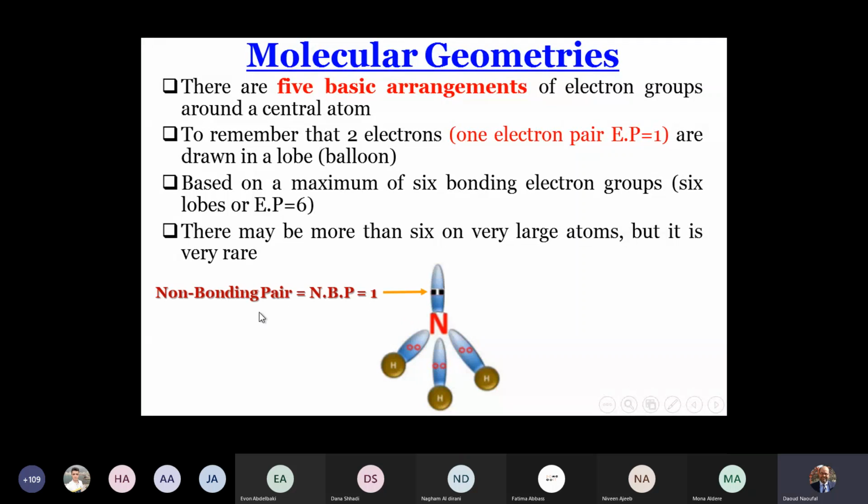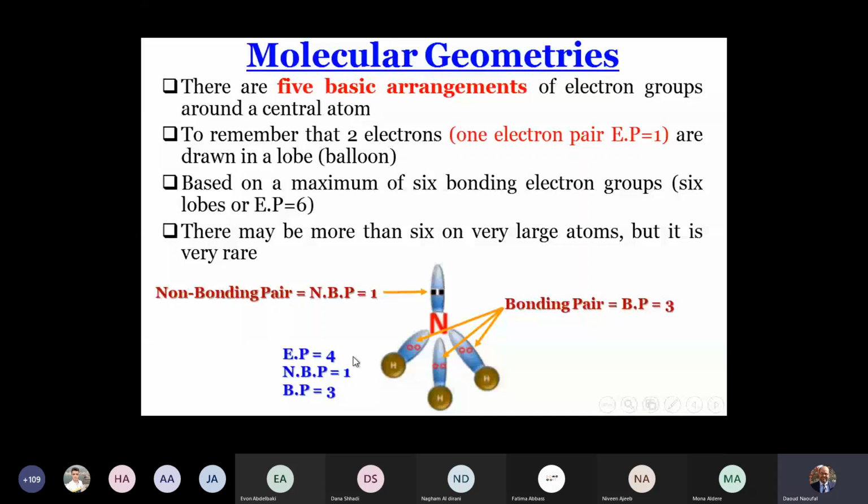I consider this nitrogen, NH3. I have a non-bonding pair, so NBP equals 1. I have 3 bonding pairs, so BP equals 3. The total EP is the addition of all pairs, so we have EP equal 4 around nitrogen: the non-bonding pair equals 1, and the bonding pair equals 3.